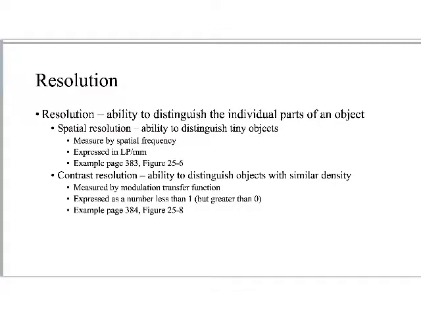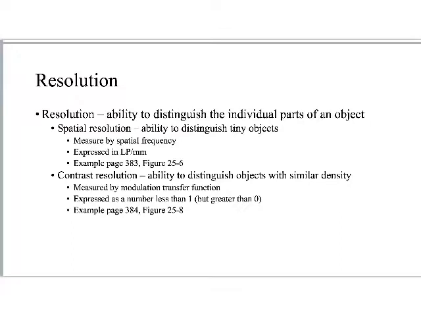Versus contrast resolution, also known as low contrast resolution, is the ability to distinguish objects with a similar density, right? So going back over the slides, if I think about being able to differentiate between the heart and the thoracic spine, they have similar densities on the image.